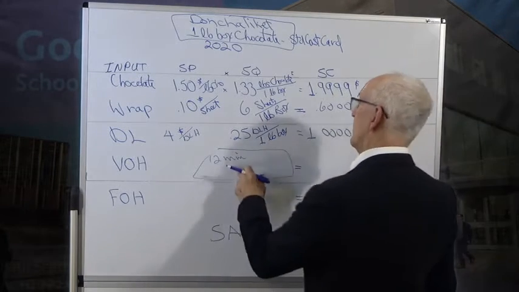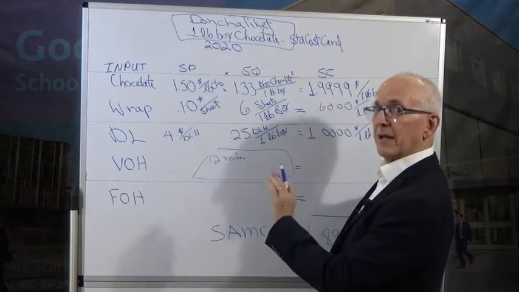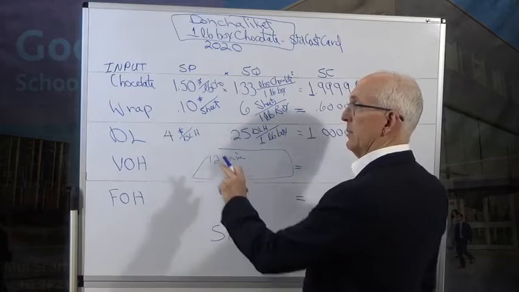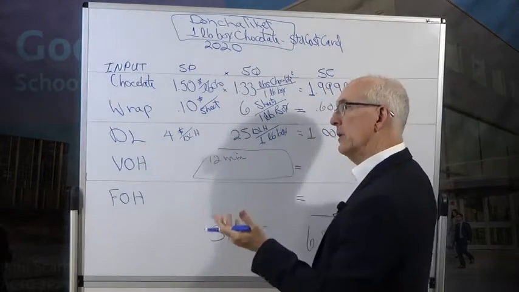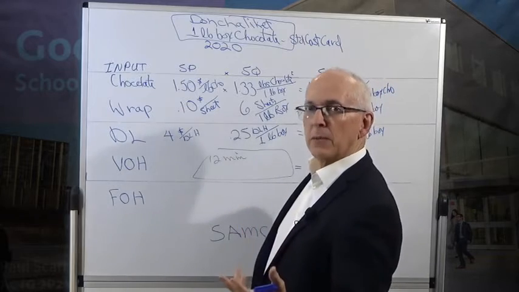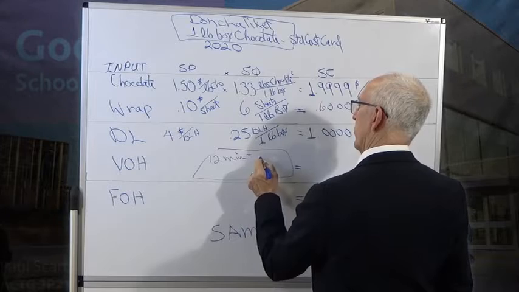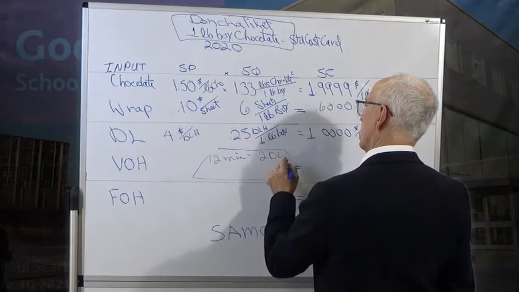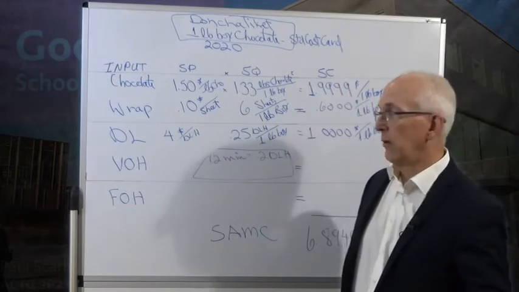They told me 12 minutes, but I'm not doing this minute thing. I'm converting everything instantly into direct labor hours, because I know from past problems that the easiest thing for my life is to end up in direct labor hours, not minutes. So that is equal to 0.2 DLH. That's the value-added time. So that would be one.